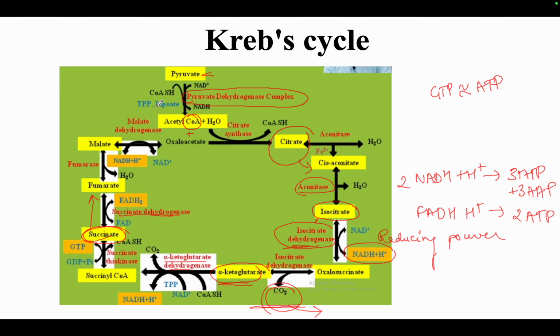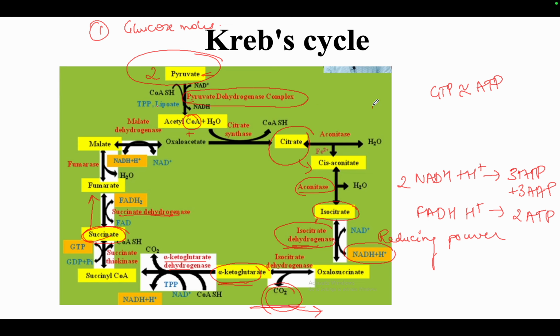from pyruvate. So as we know, from one molecule of glucose, we'll get two pyruvates, and let's not forget this reducing power also.